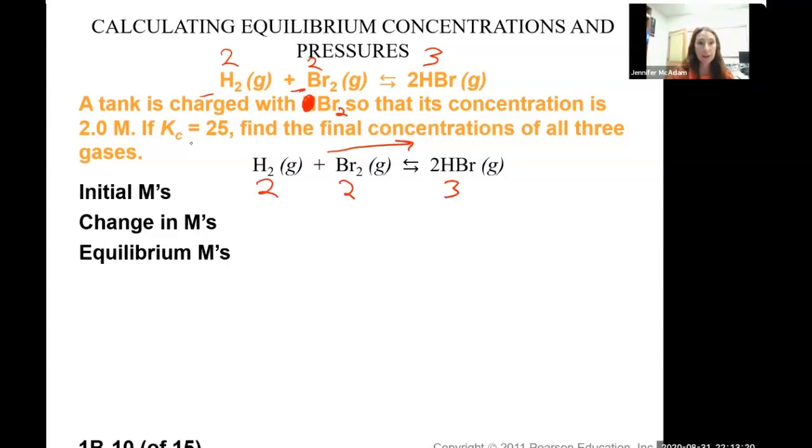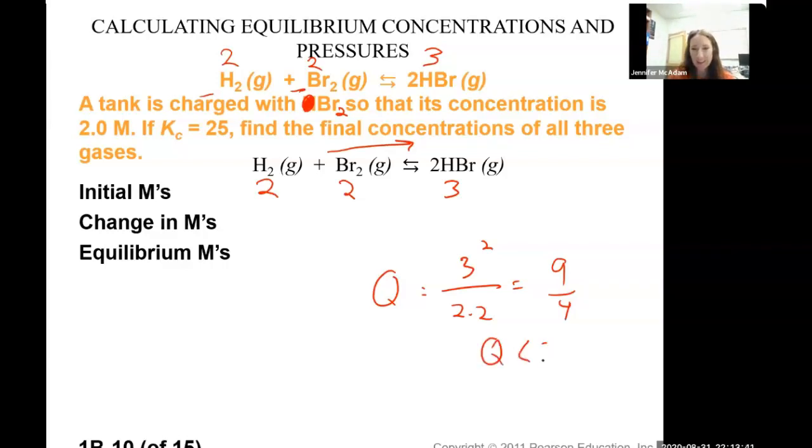So we find our Q, which would be, wow, it's not a K, right, Q. 3 squared over 2 times 2, right? So that's like 9 over 4. I don't know what that is. It's definitely smaller than 25, right? So Q is less than 25.